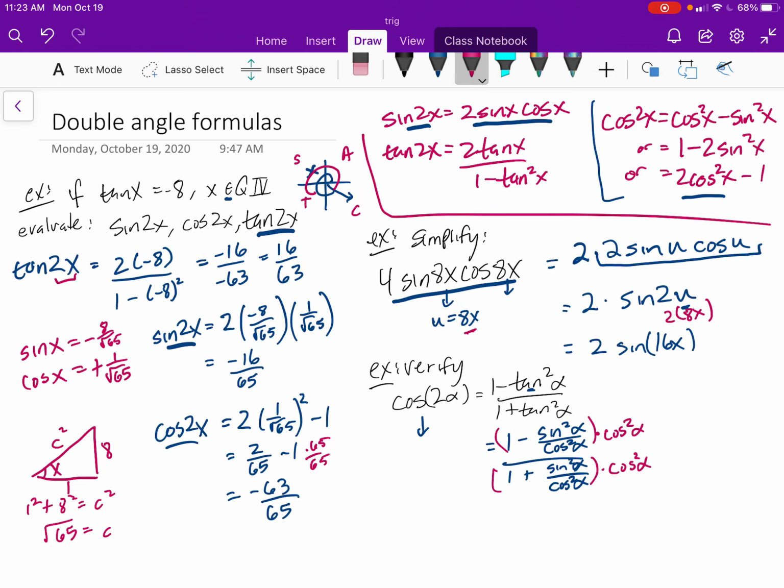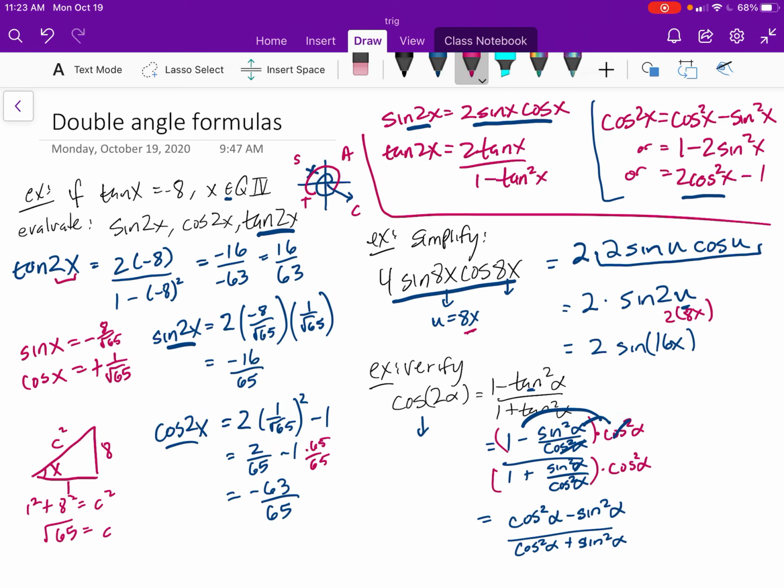Okay, clear the fractions. So now in the numerator, I have cosine squared alpha minus sine squared alpha, since I distribute, and here they canceled. And in the denominator, same thing except I have a plus. But sine squared plus cosine squared is 1, right?